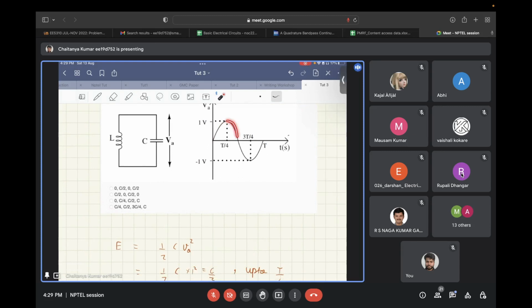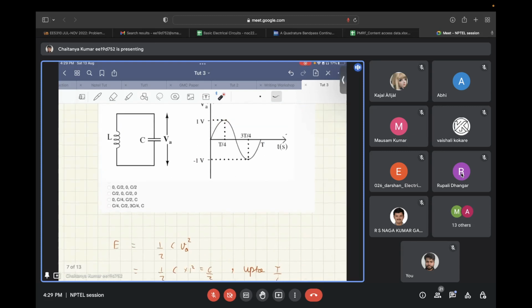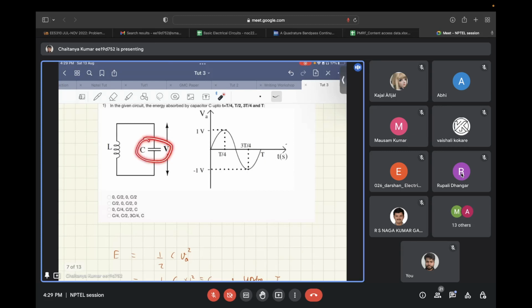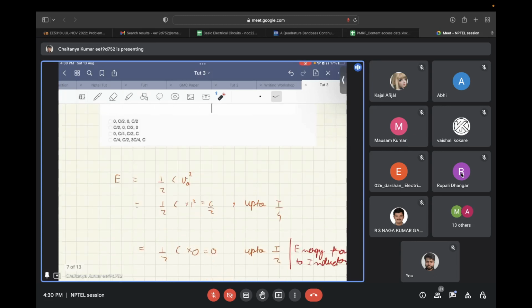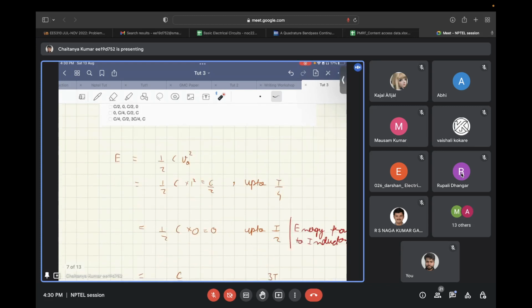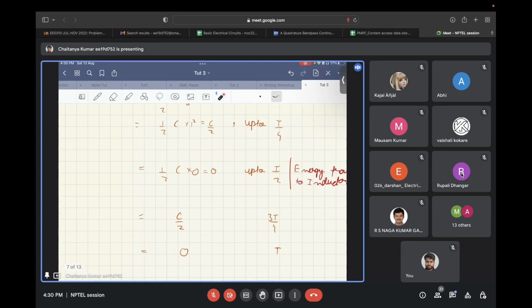When the capacitor is discharging, it is converting the energy stored in the capacitor into the current that flows through the inductor, and the electrostatic energy of the capacitor is being transferred into magnetostatic energy in the inductor. So by time t equal to T by 2, all of that energy has been transferred to the inductor. Hence, no energy is stored in the capacitor, and the value is 0.